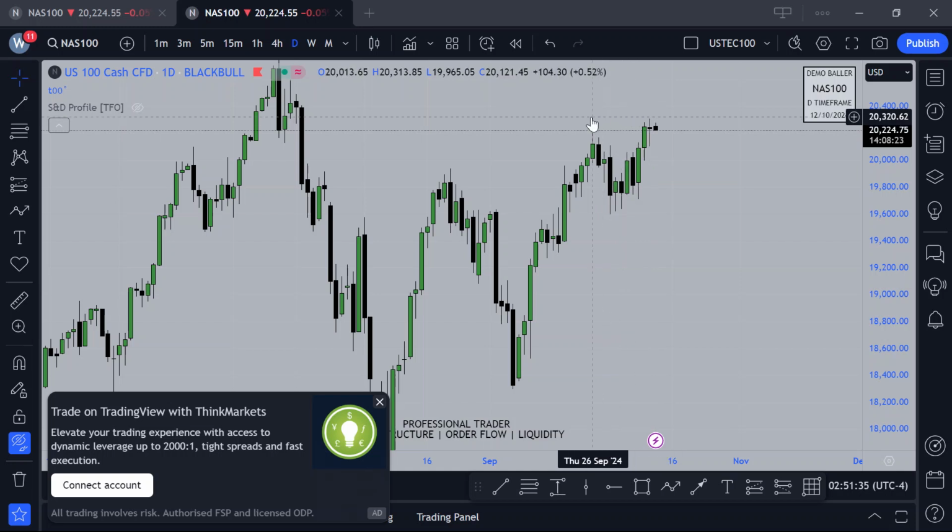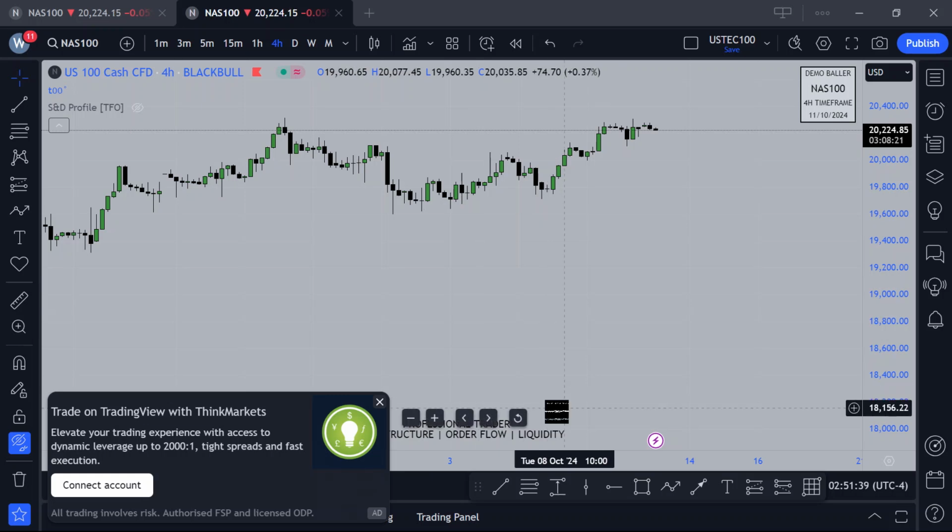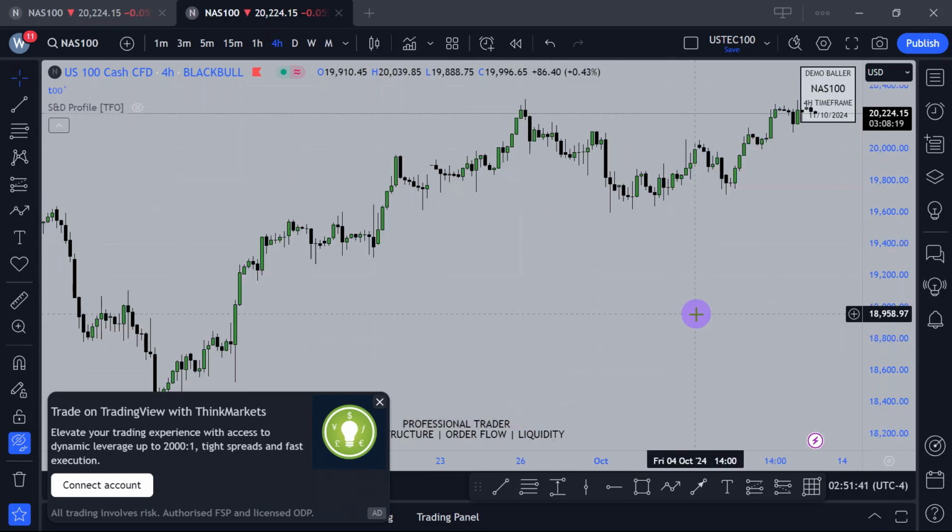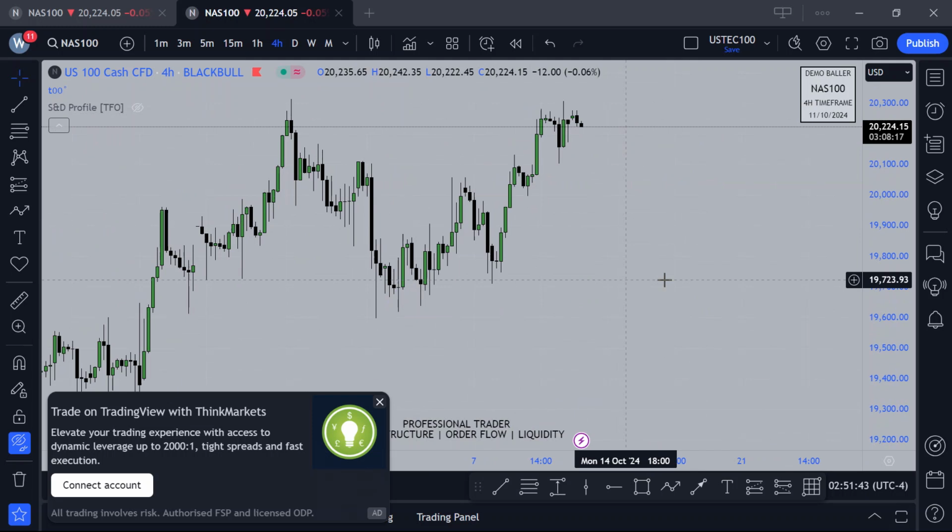Now we can go down on a 4-hour chart, which makes things a little clearer because we can see that every day price takes out a high. See, Tuesday's high was taken on Wednesday.